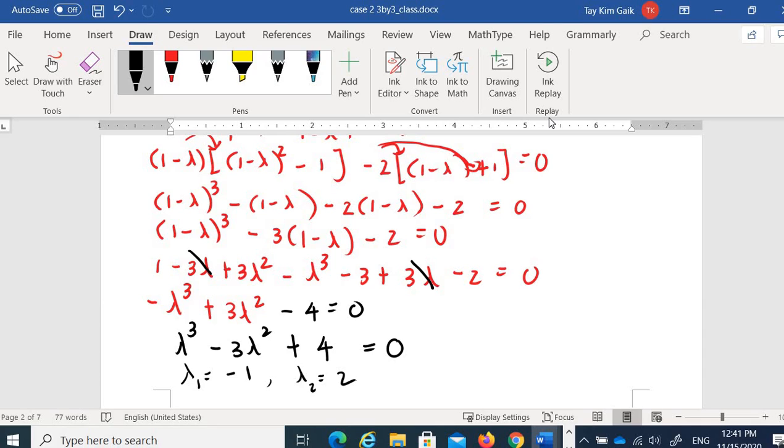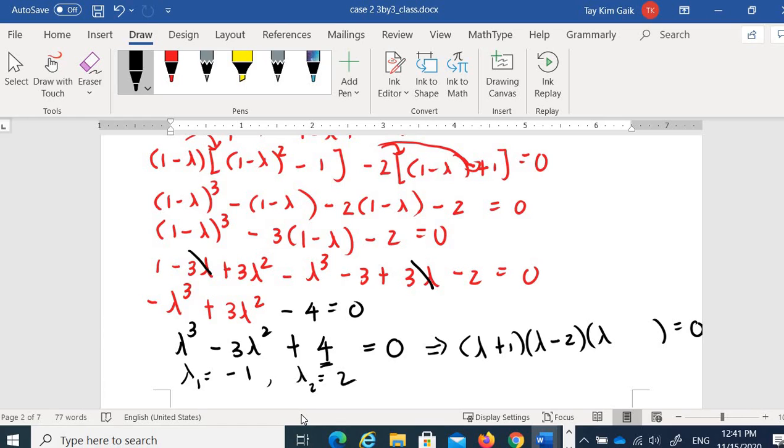So you have to check which one is the repeated root. From the roots given by the calculator, then you can write back the factors. For root negative 1, your factor is lambda plus 1. And then root is 2, your factor will be lambda minus 2. So this one equal to 0.